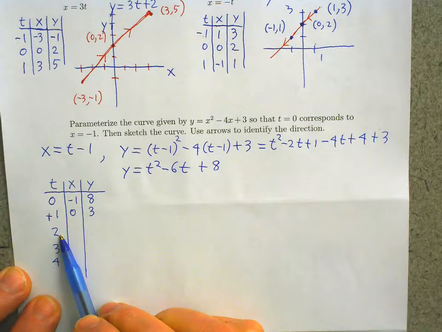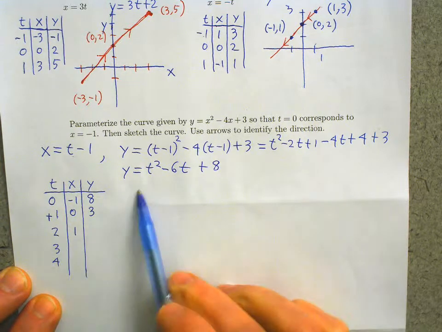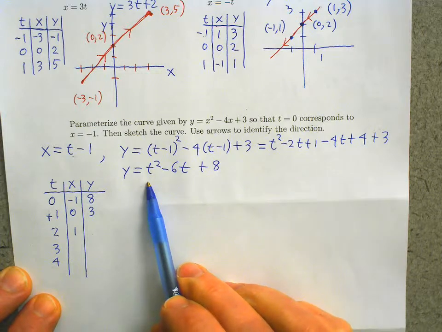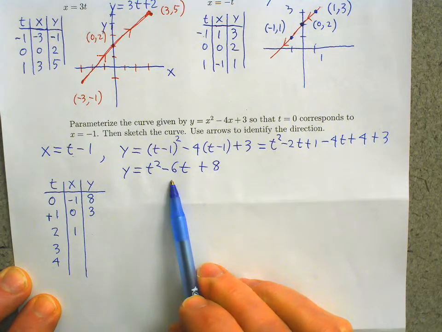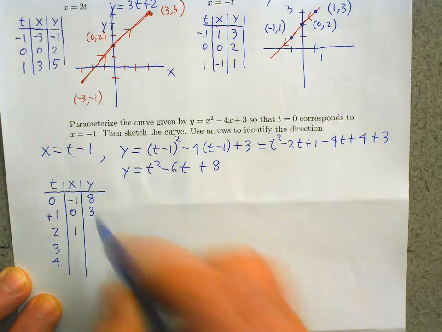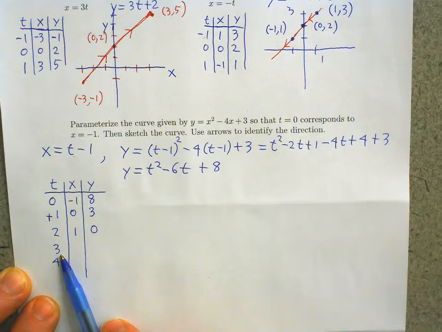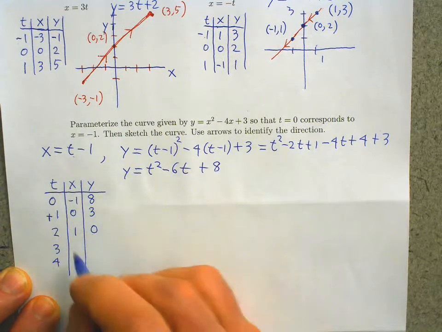When t is 2, the x coordinate 2 minus 1 is 1, and the y coordinate 2 to the second is 4 minus 12 is -8. -8 plus 8 is 0. When t is 3, the x coordinate is 3 minus 1 or 2.